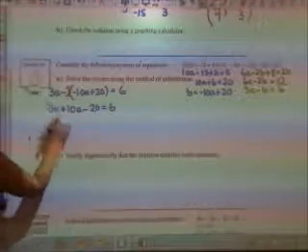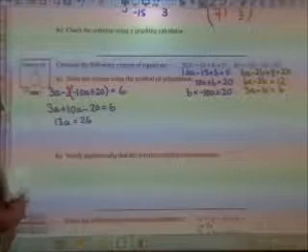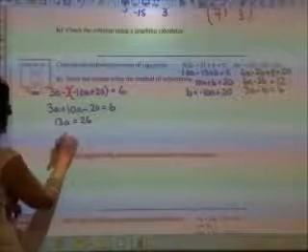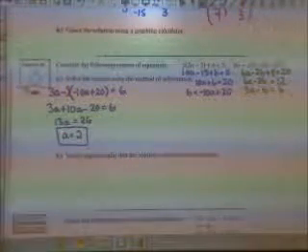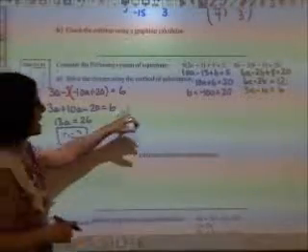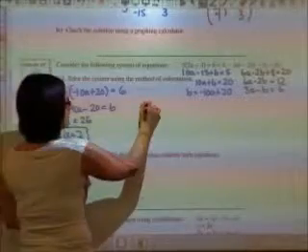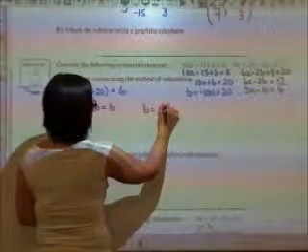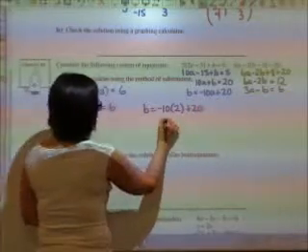Now I can combine these two values. I get 13a equals 26. Divide both sides by 13, and a is equal to 2. Then I can put that a into either one of these two equations to solve for b.